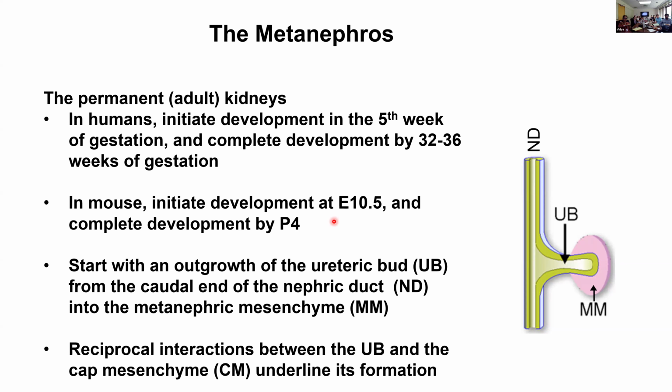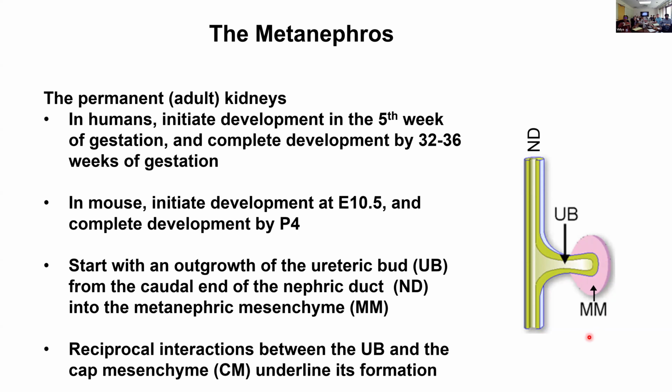So the early events. The first event that really marks the onset of metanephric development is the invasion from the nephric duct into this metanephric mesenchyme. That's called ureteric bud outgrowth. This marks the onset of development.